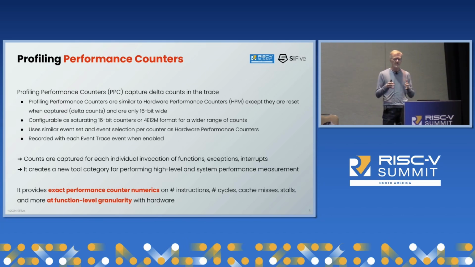So you can target it so that the amount of messages being generated into the trace buffer doesn't fill up too quickly. You can guide it and set up triggers so that it only collects event trace messages for a specific part of your program you're interested in profiling, which makes it a very flexible tool.